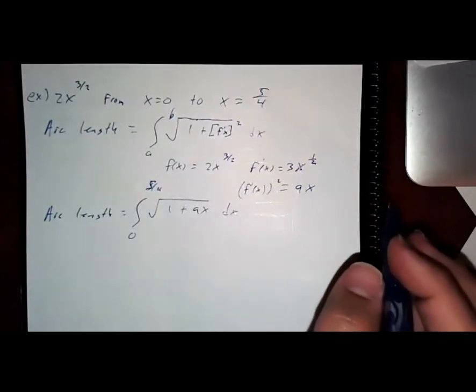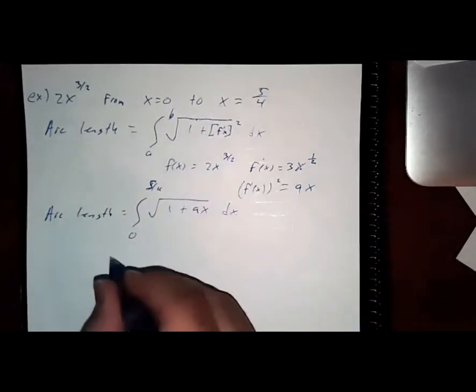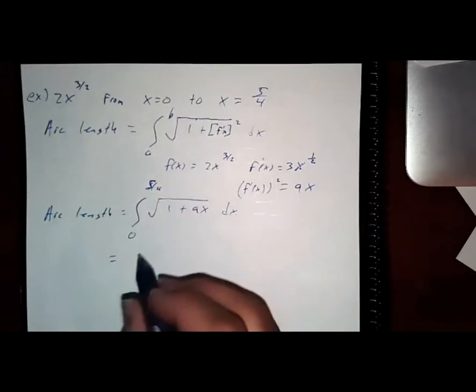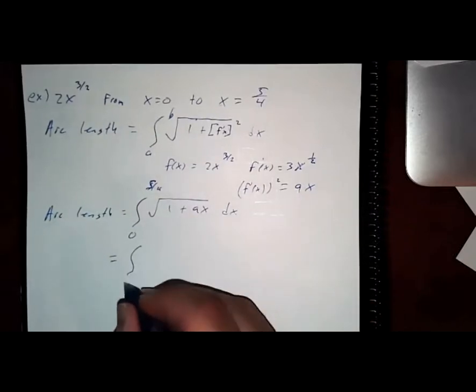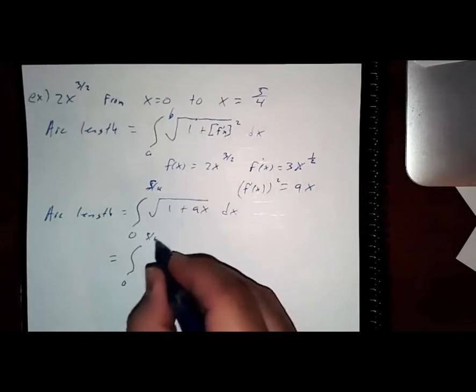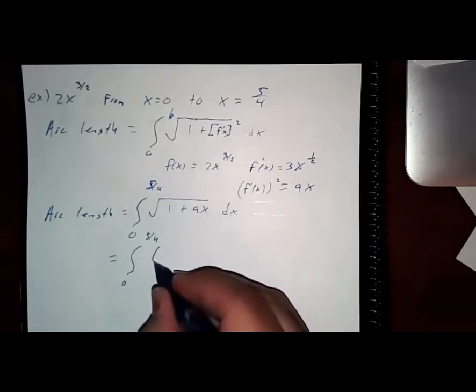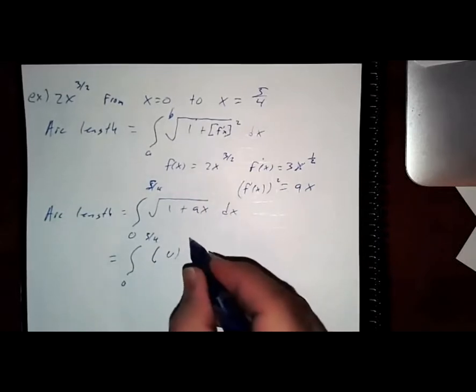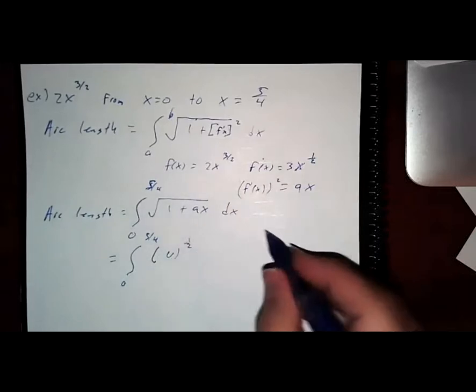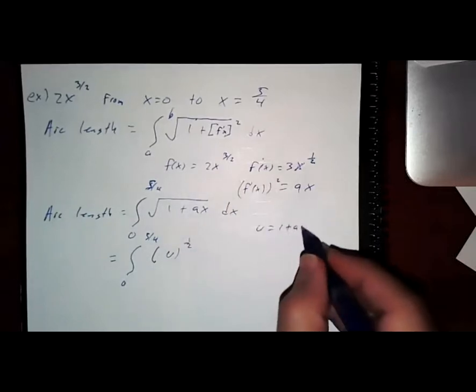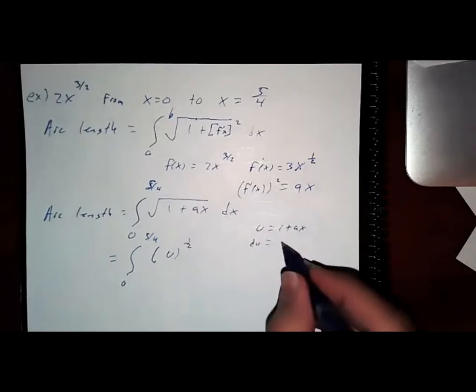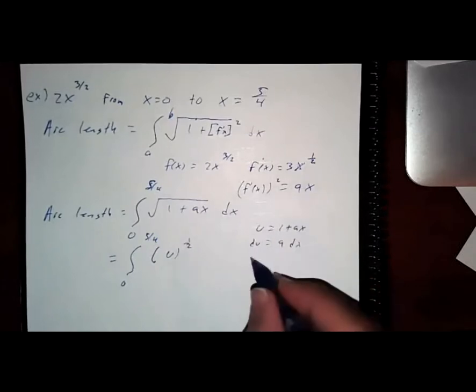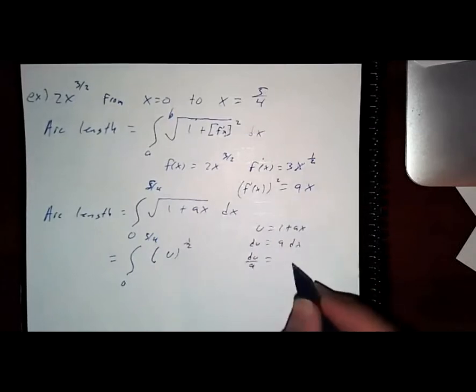This integral looks pretty easy. Let's do a simple u sub, right? This would be u to the 1/2. If we let u be 1 plus 9x, du would be 9 dx. So du over 9 is equal to dx.